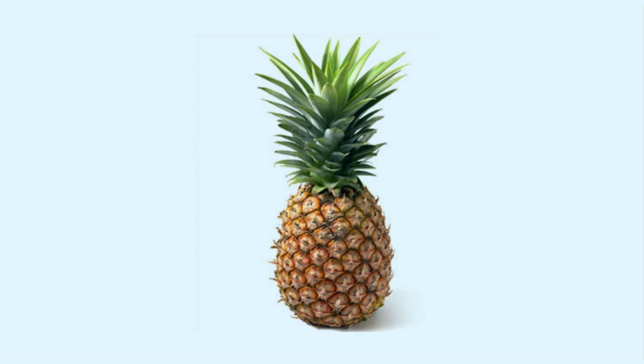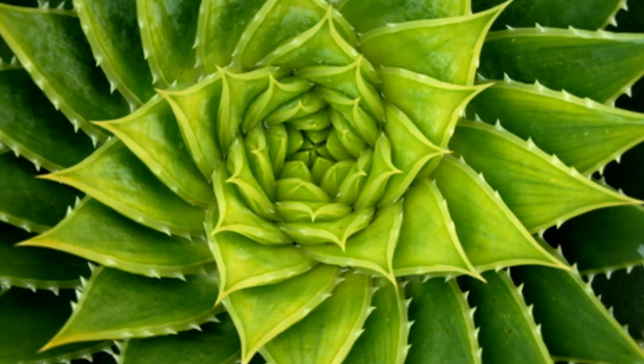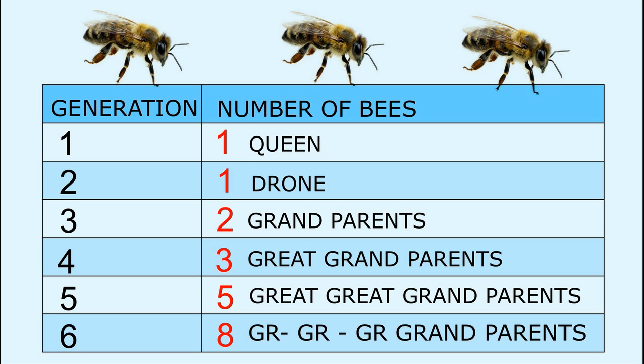The more examples you compare, the more the Fibonacci sequence is found in nature. There are many more examples, for the Fibonacci sequence is even found in the way a colony of bees increases in number. The first generation of a bee colony is the queen, the mother bee. The next or second generation is the first drone, which has only one parent.